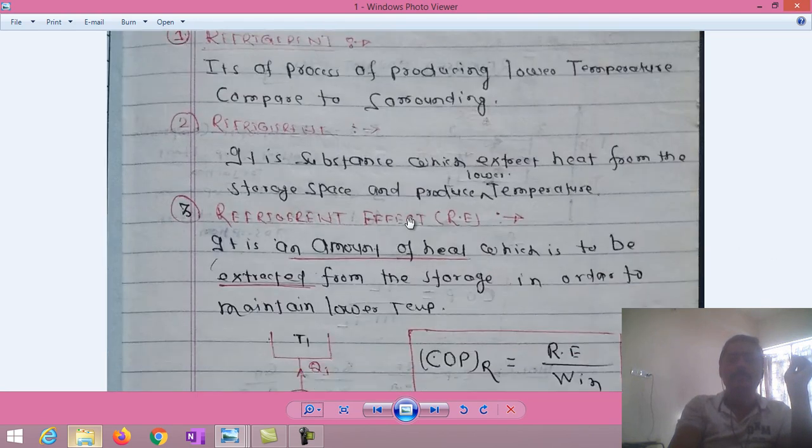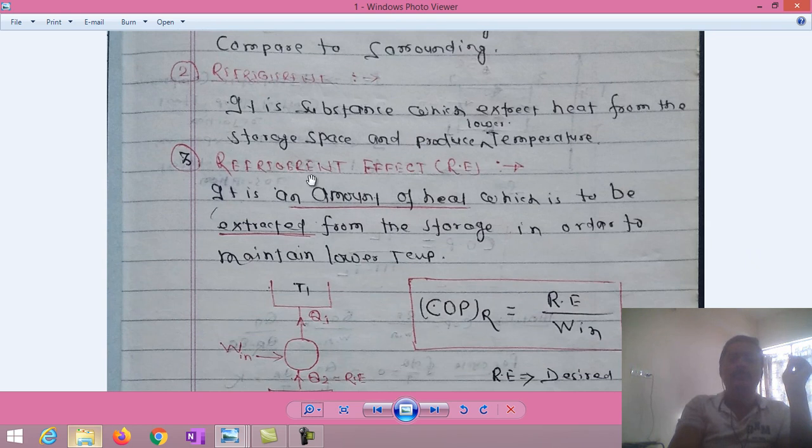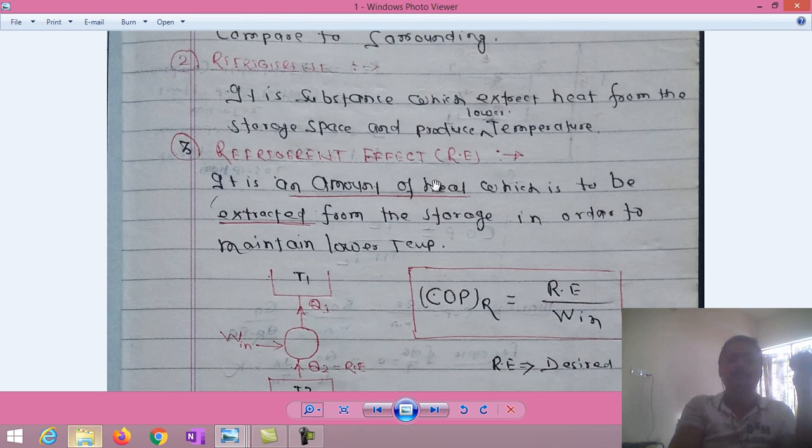Next term is refrigeration effect. For understanding the refrigeration effect, we have discussed earlier that this refrigerant is a substance which extracts heat from the storage space and produces lower temperature.